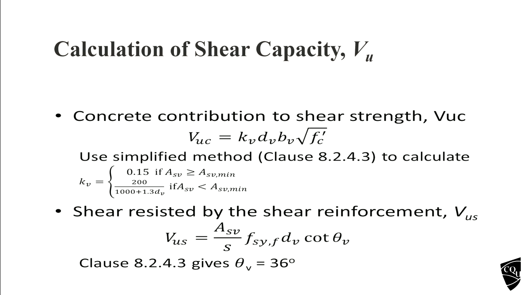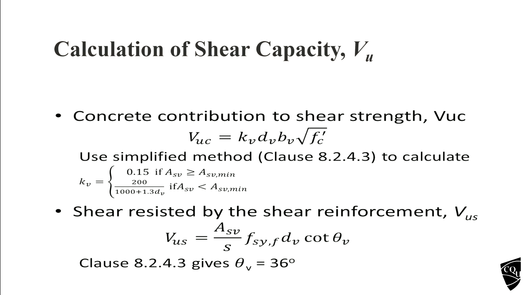So we have two new terms, KV and DV. BV is the width of the beam, and FC is the strength of the concrete, so that is known.